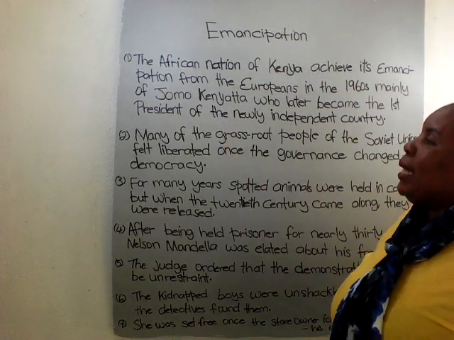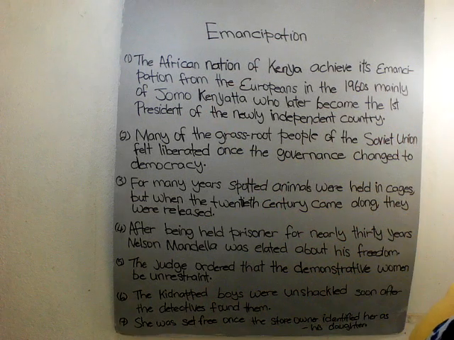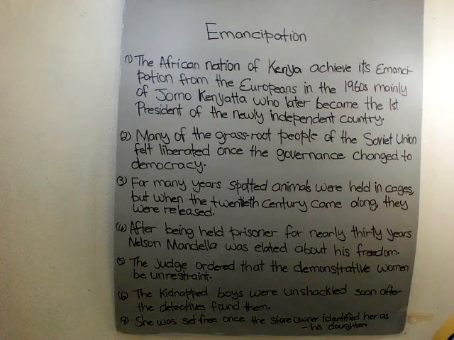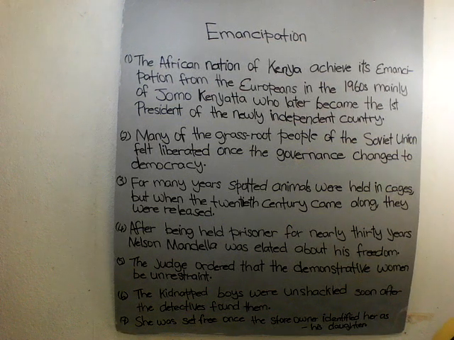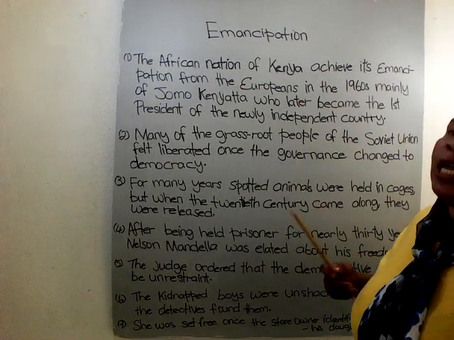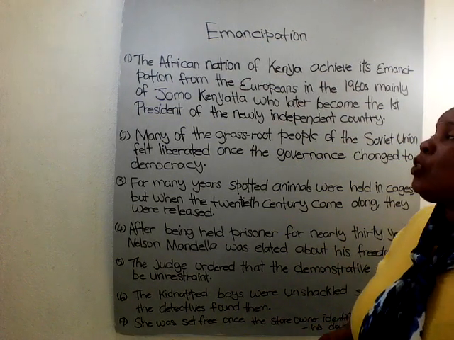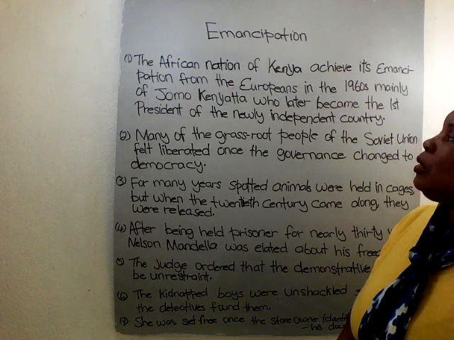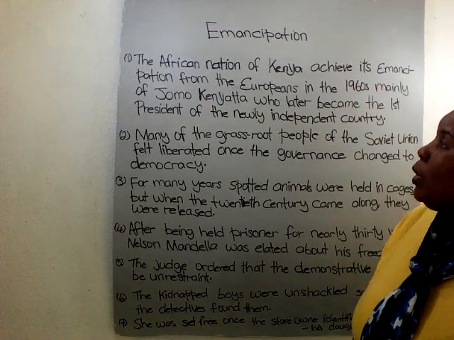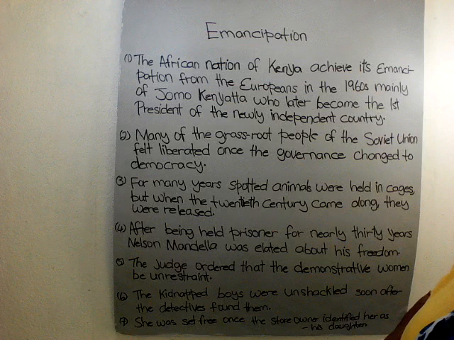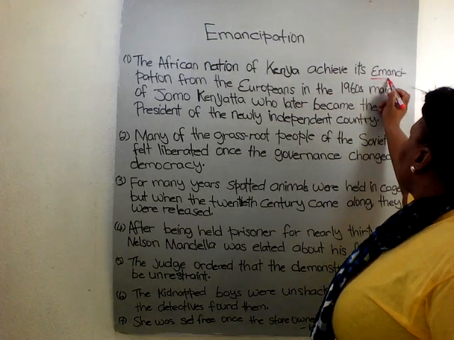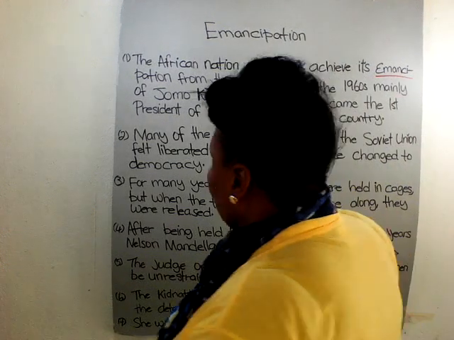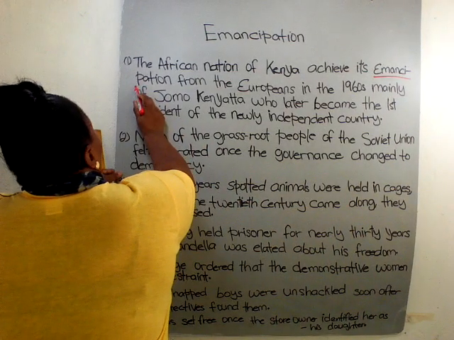Jomo Kenyatta became the first president of the newly independent country of Kenya because of his negotiation and his letters, right, to the European Union. So the word what? Emancipation.